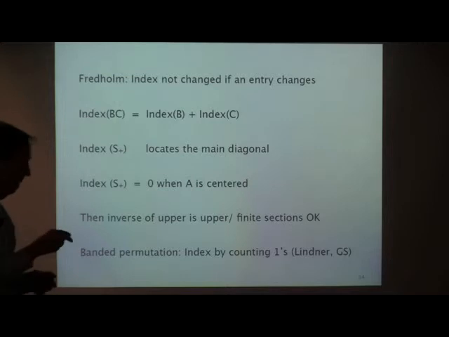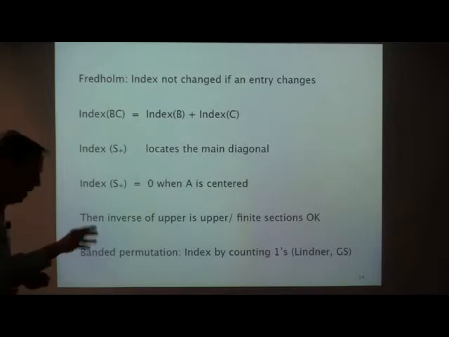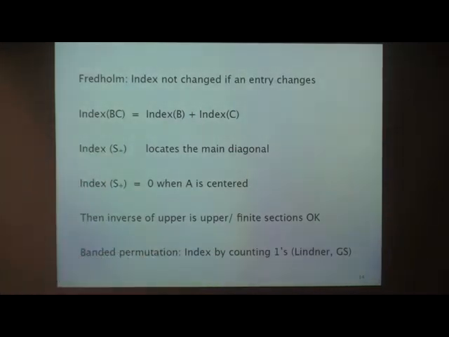And there's a whole world of index theory now at a very, very high level. But Fredholm proved the facts that are essential here, the basic facts. The basic fact is that you can change a finite number of entries in the matrix and the index doesn't change.